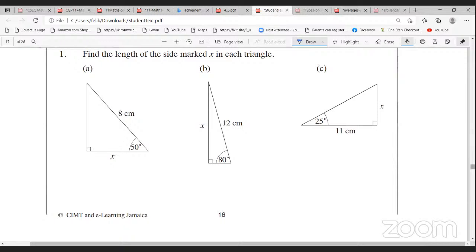Why Pythagoras theorem? Tell me, what did you see that tells you it's Pythagoras theorem?